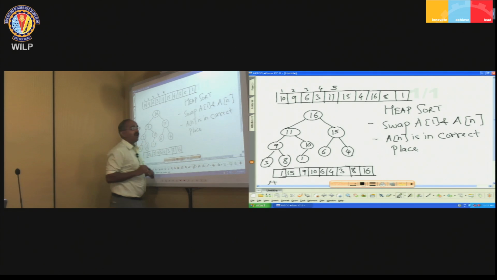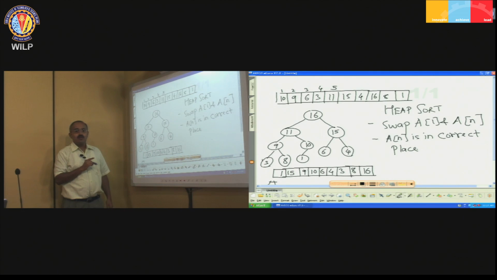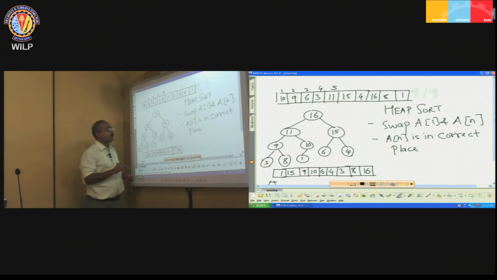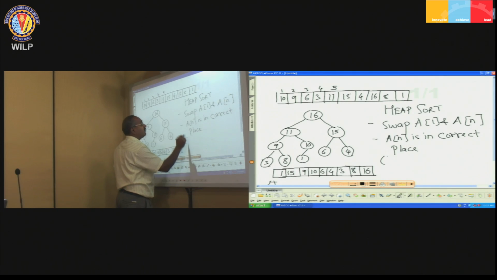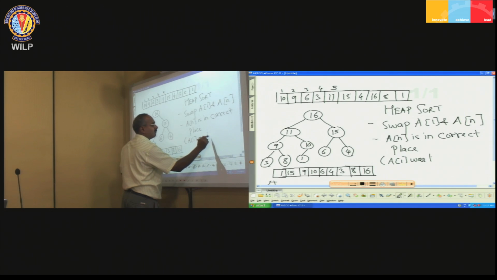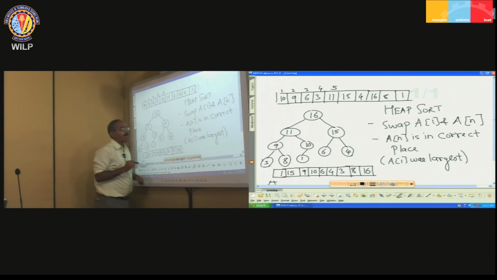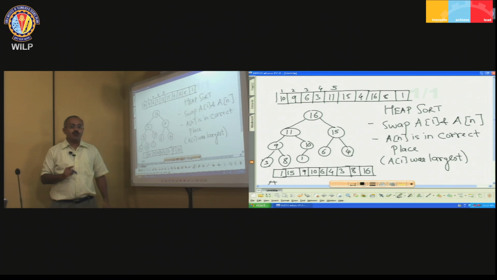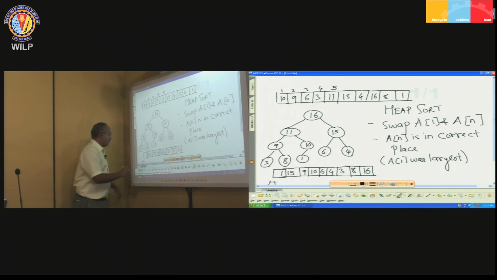This is because A1 happened to be the largest element. So, what has happened now is we have modified A such that the element at the end of the array is in its correct position.